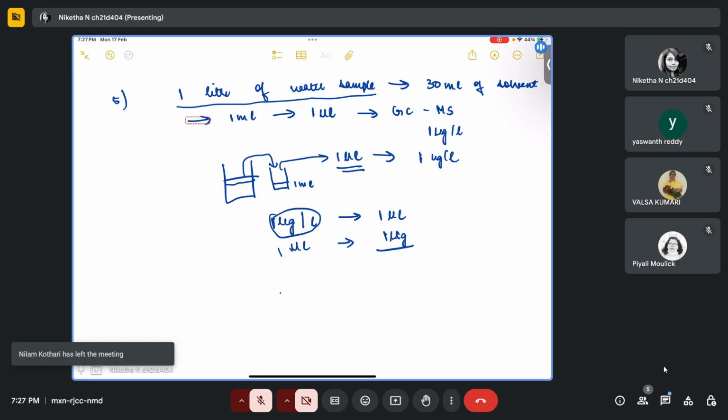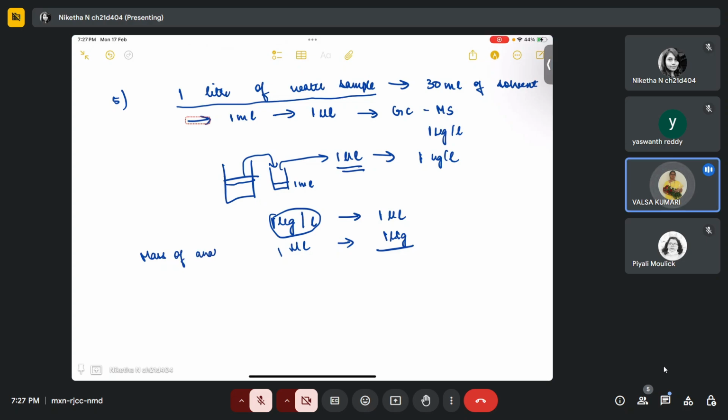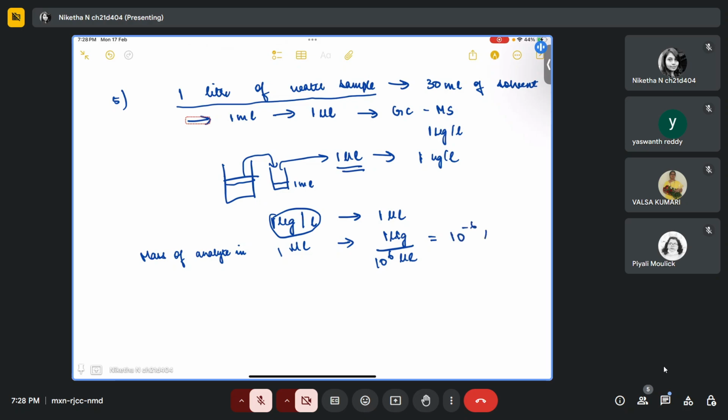So how many microliters is 1 liter? Ten power six. So instead of writing 1 microgram per liter, I can write 1 microgram by 10 power 6 microliters. Right? This means in 1 microliter, there is going to be 10 power minus 6 micrograms.